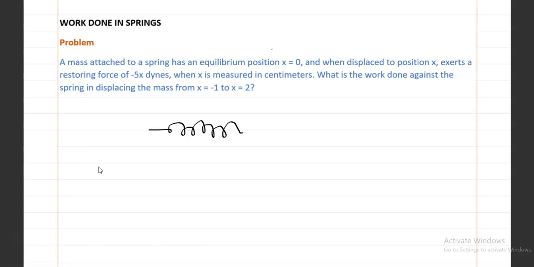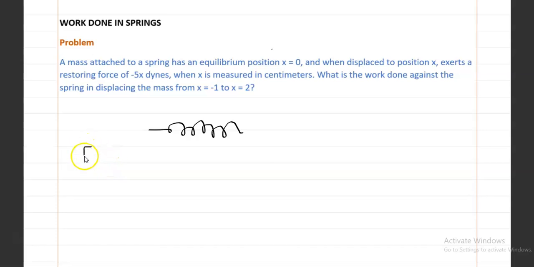So it always has a negative sign. It doesn't affect its magnitude. When we talk about vector quantities, the negative sign indicates direction. We are not so concerned about the direction right now. What we are concerned about is its magnitude.